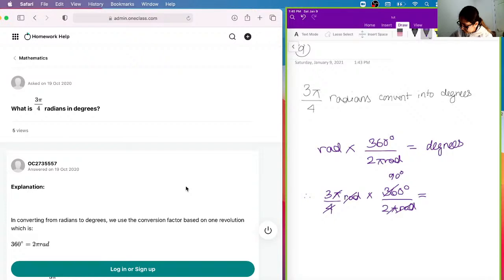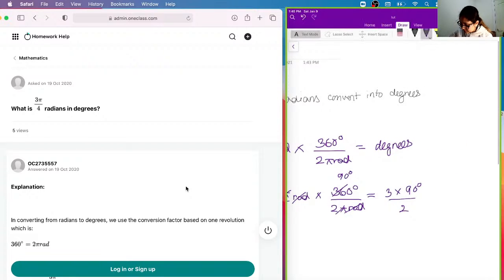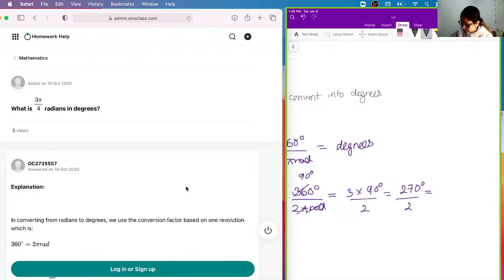So you have 3 times 90 degrees over 2, and this is equal to 135 degrees.